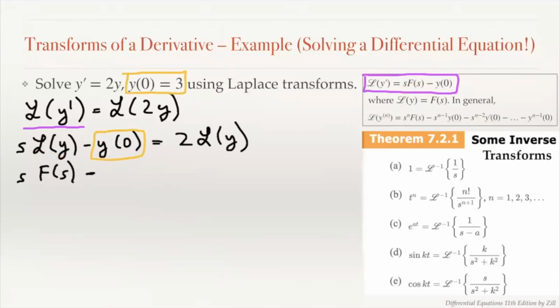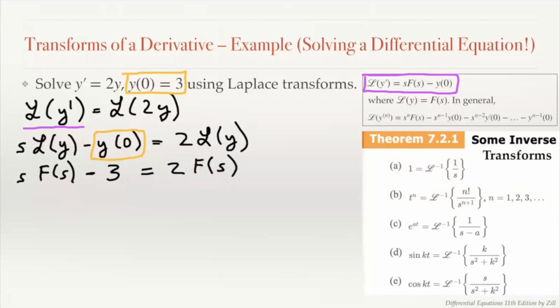So one interesting thing about solving differential equations with Laplace transforms is that there isn't a need to solve the general differential equation first and then solve for the arbitrary constants. Instead, one puts the initial values straight into the Laplace transform, which is nice. So we are given that that is 3 from the initial value, and that is 2 times the Laplace transform of y, which is big F of s.